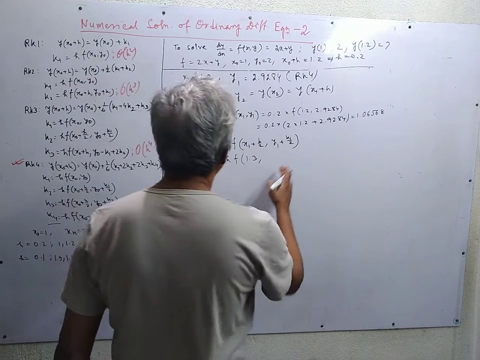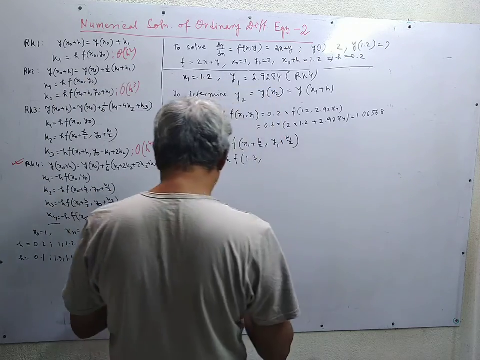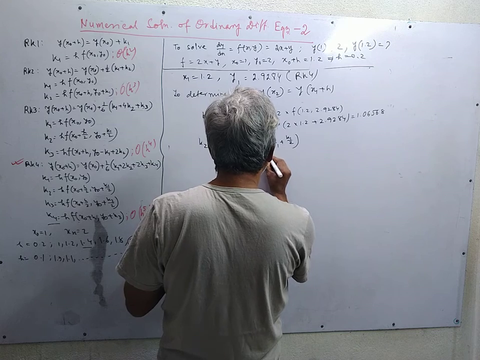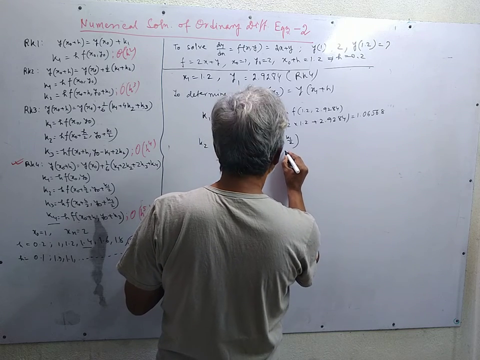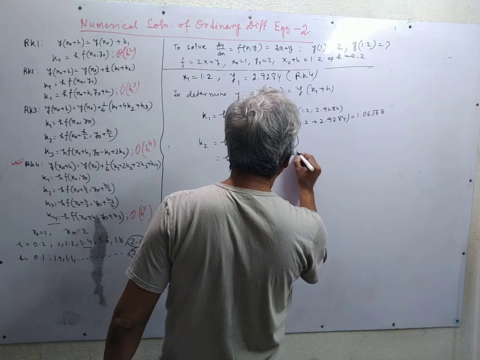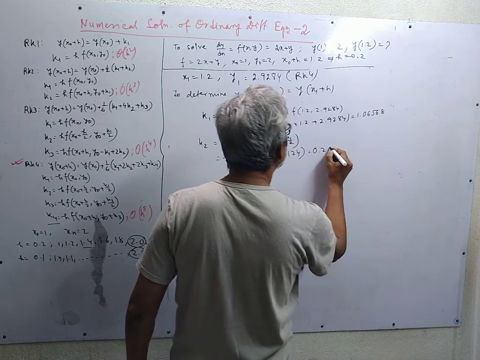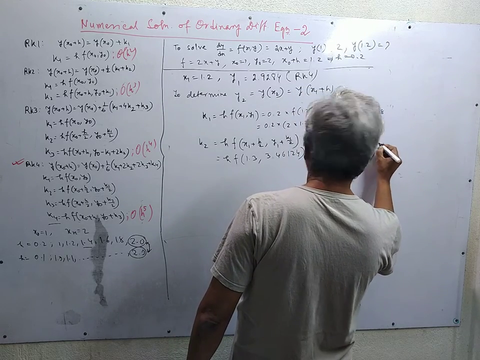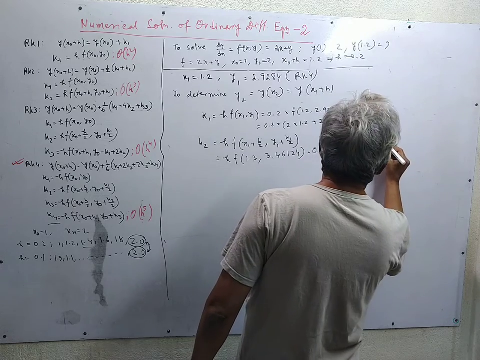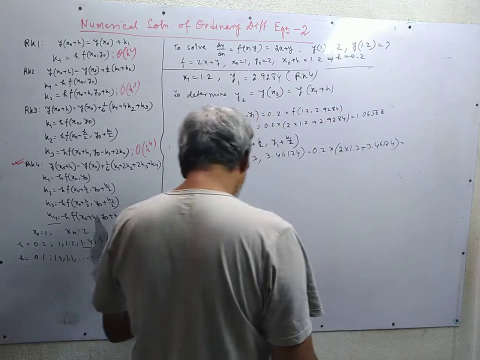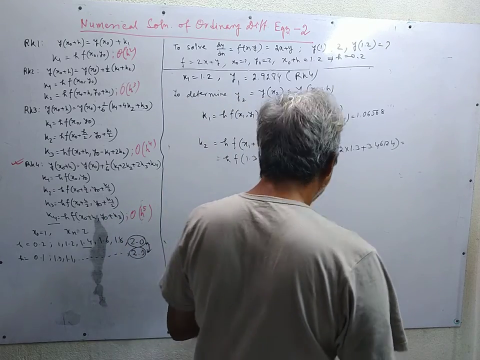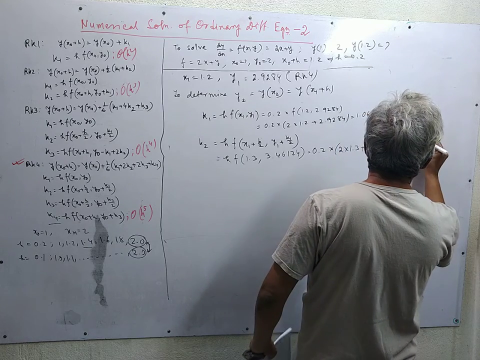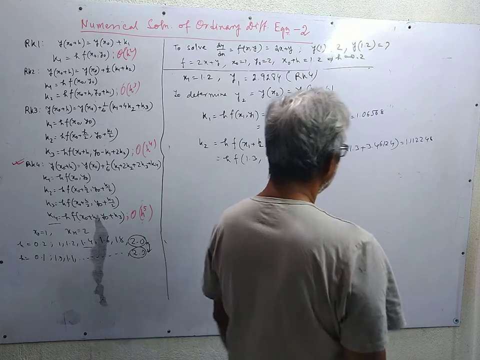We have y1 as this and k1 is this, and if we simplify it, ultimately it is found to be 3.4646124, and the result is 0.2 times 2 into 1.3 plus 3.4646124, and the final result is 1.112248. This is the value of K2.